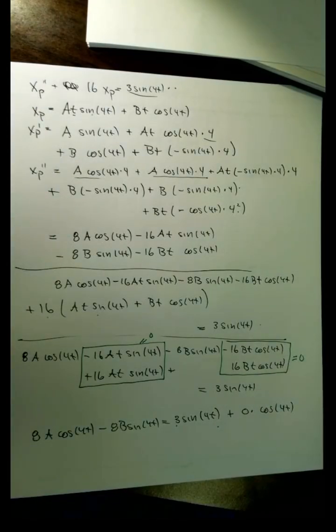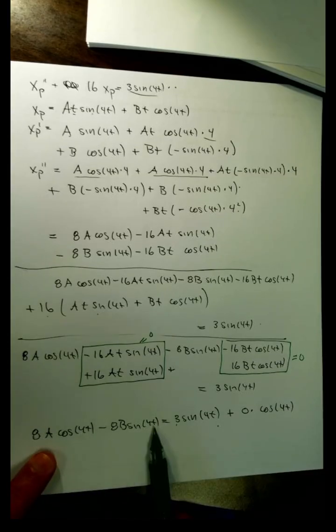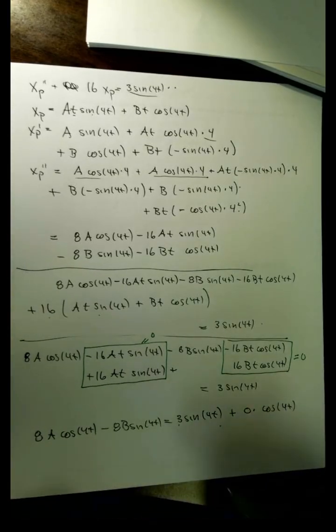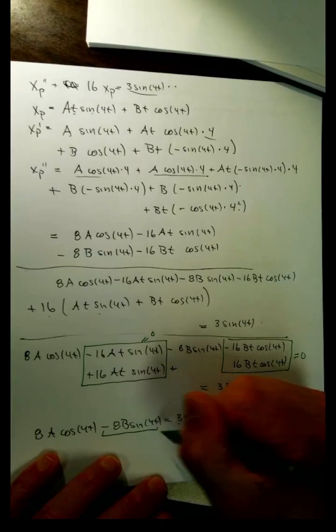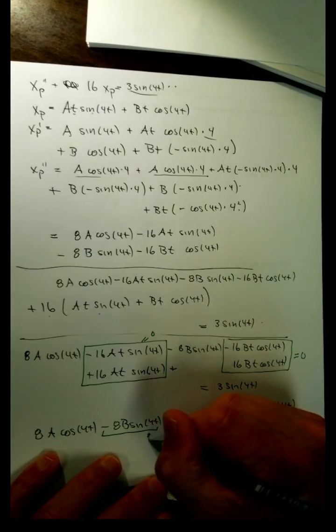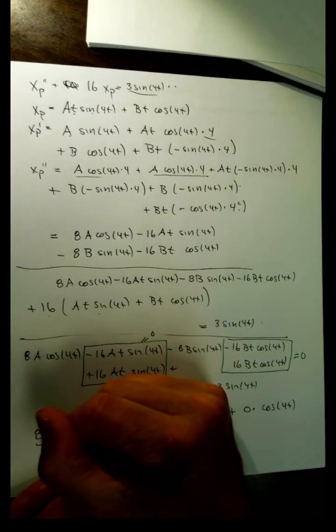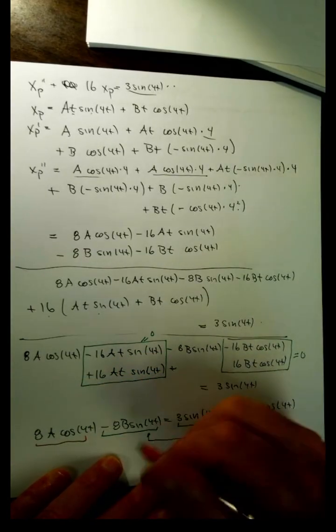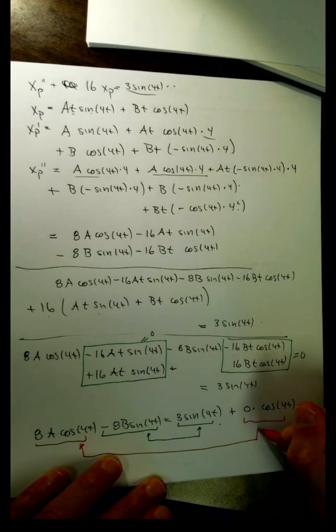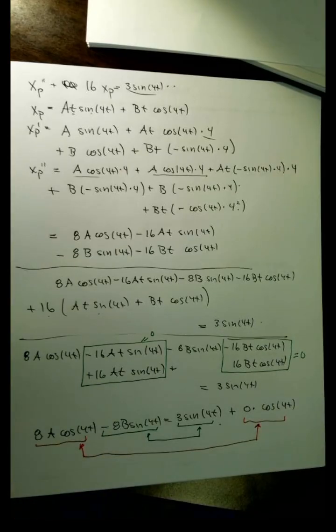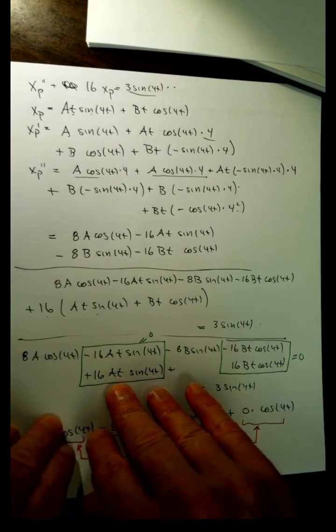And the reason I'm doing that is I have to match coefficients. The only way the thing on the left can be equal to the thing on the right is if the sine terms are equal and the cosine terms are equal. Those have to be able to cancel out. So let me rewrite that.